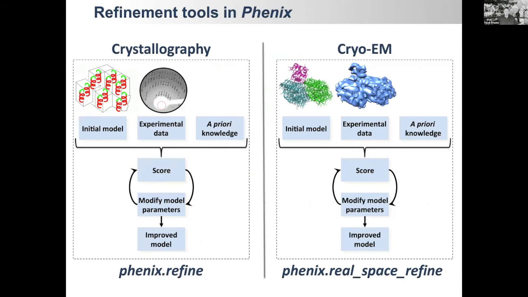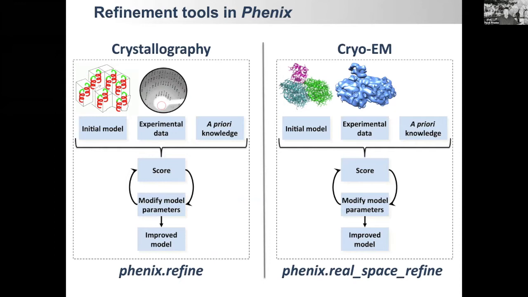Now, as I mentioned, refinement in crystallography and in cryo case are very similar, not identical. We're not talking about cryo today, talking about crystallography. Just for the sake of completeness, I'm going to mention that conceptually, in both cases, refinements are very, very similar.